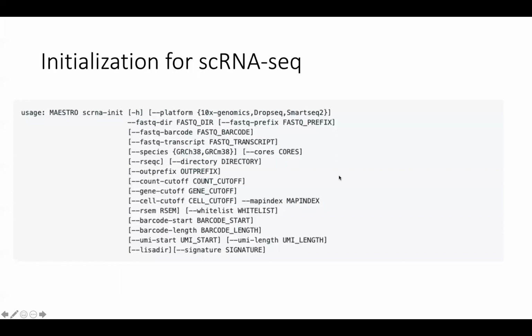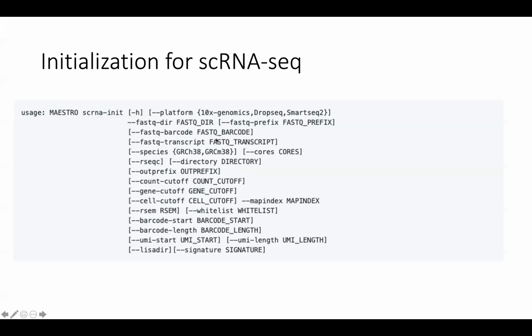Great. So the code's already given to you, but I just wanted to briefly go through what ingredients you're providing Maestro when you call single cell RNA-seq init, because it's useful for understanding what the pipeline is doing.